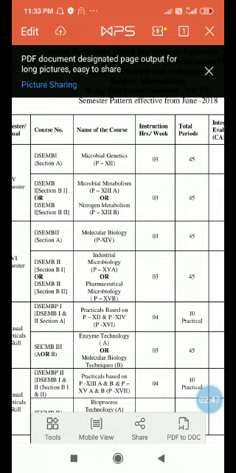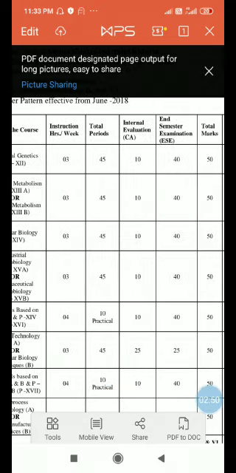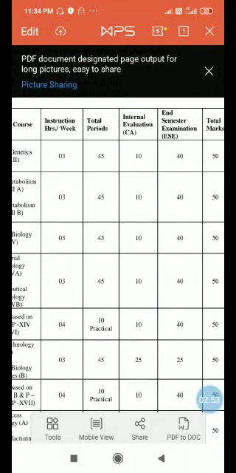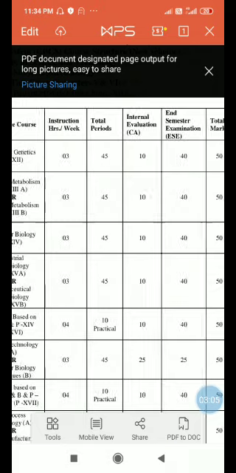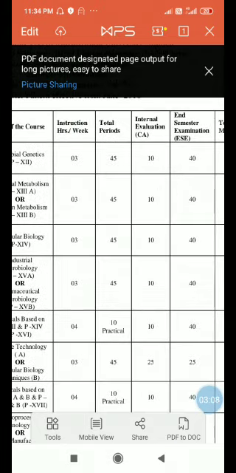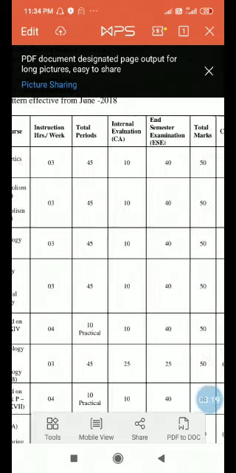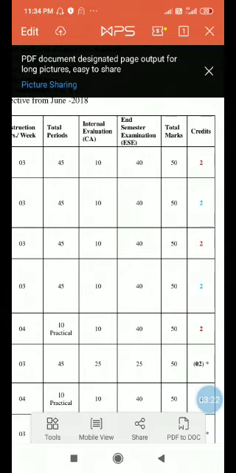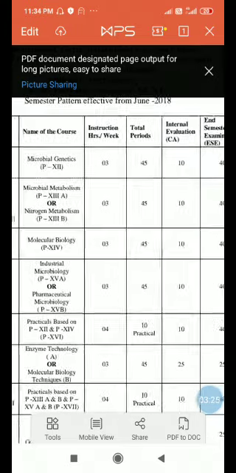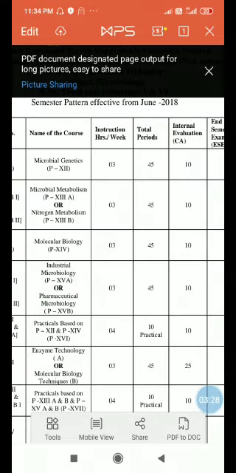For microbial genetics, 10 marks are for internal evaluation. Internal evaluation is the system where, at college level, the assistant professor evaluates the internal marks, and 40 marks are for the end semester examination. In this way 10 plus 40 is equal to 50 marks for paper number 12, Microbial Genetics.